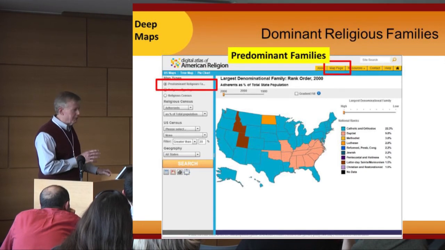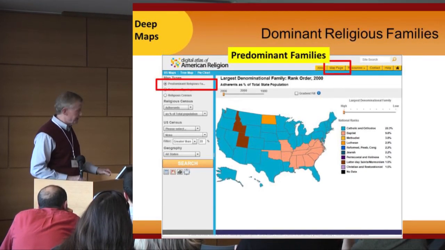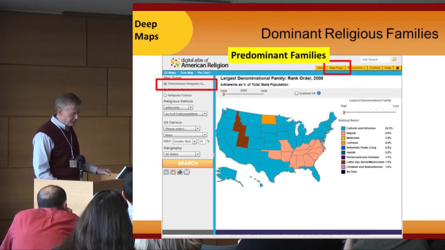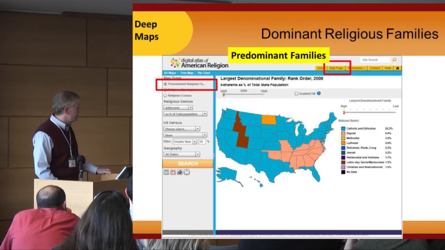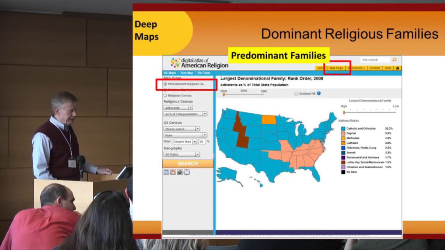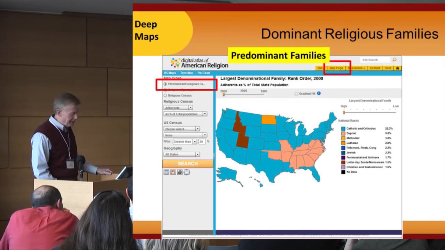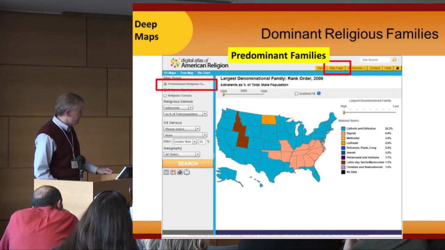Some of it will look quite familiar to those of you who know GIS well, and then some of it I think you'll see is really an advance on what GIS can do for the humanist. We're able to map the dominant religious families simply by allowing you to make a choice on the left-hand side, and to see that by time, and to see that across the entire United States, in this instance by state.